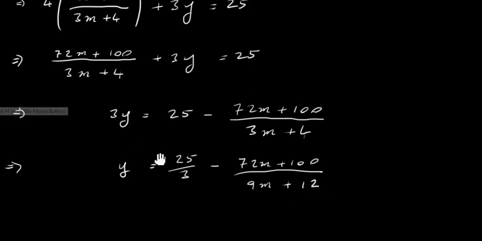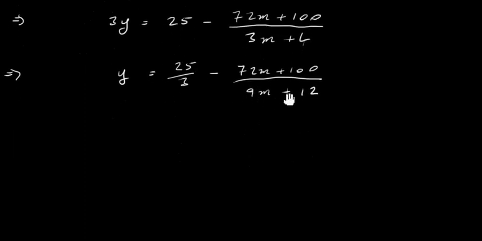Okay, let's keep going. Now this is our y coordinate here, but it says give your coordinates in their simplest form, so we've got to simplify this. The way I'm going to do this is add these two fractions. So I need a common denominator first. If you notice, we have a 3 here and we have a 9m plus 12 here, which is divisible by 3.